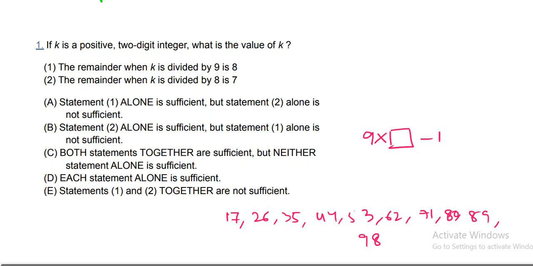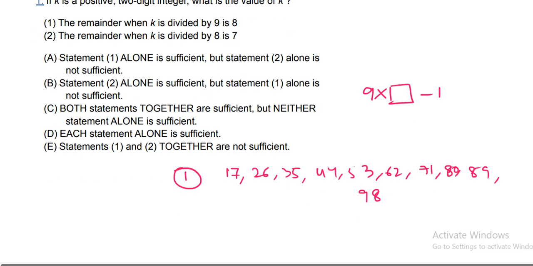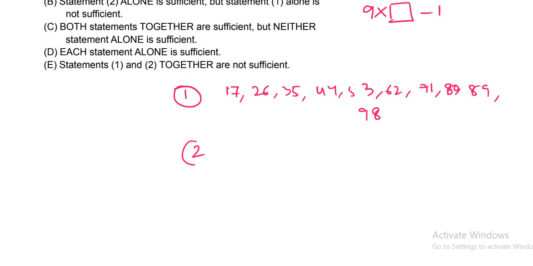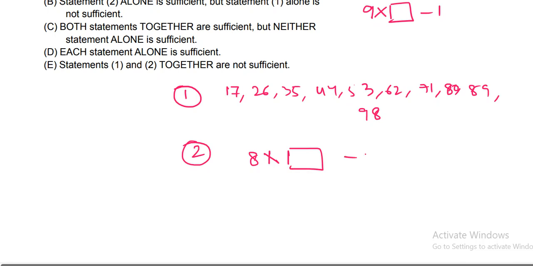Okay, so this is for statement 1, and statement 2 is: for a number to have a remainder of 7 when divided by 8, the number has to be 1 less than a multiple of 8. That means the corresponding values are 8 times something minus 1.